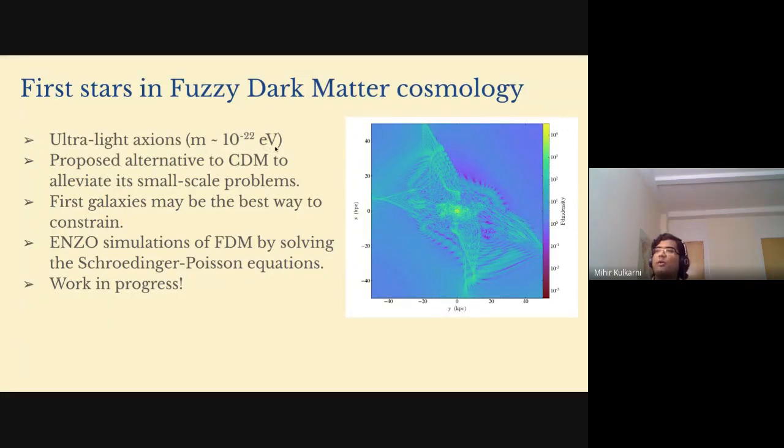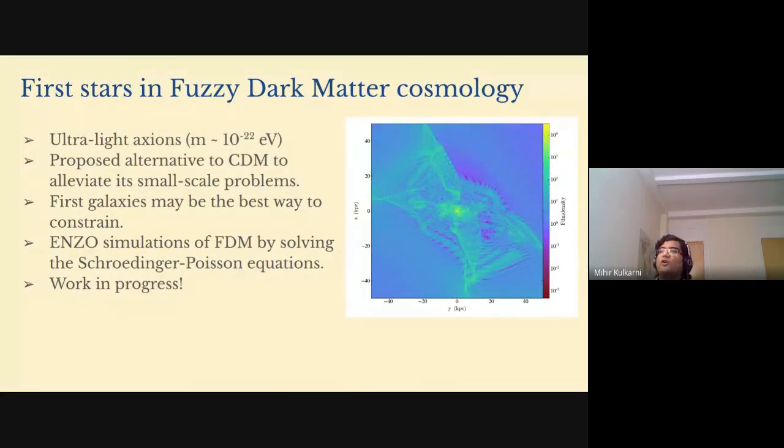When we talk about low mass particles such as the electron, the mass of the electron is nearly half an MeV. The mass of the proton is close to a GeV. So these are ultralight axions, and their mass is extremely low. One consequence of this is that the de Broglie wavelength of this particle is of the order of 1 kiloparsec.